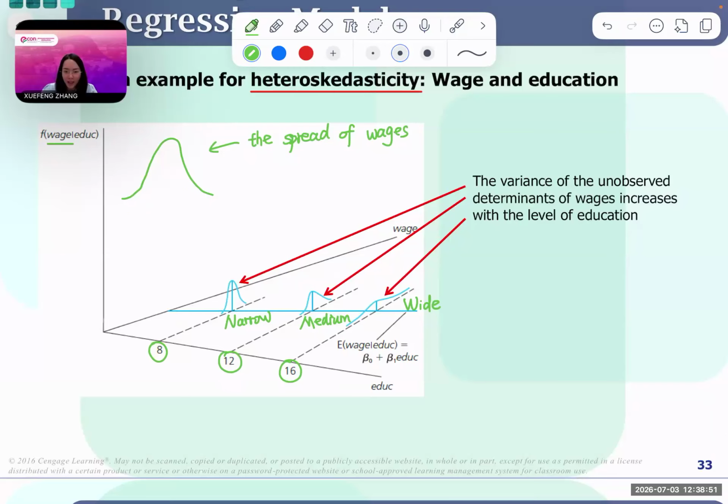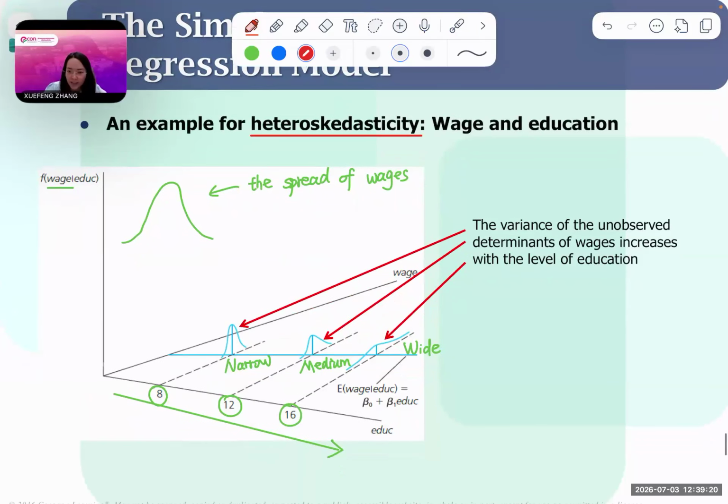As we can see, the curves get wider and wider as education increases. This is heteroscedasticity. The spread of mu is not constant. It grows with x. Let me write it down. It means the spread of mu is not constant.